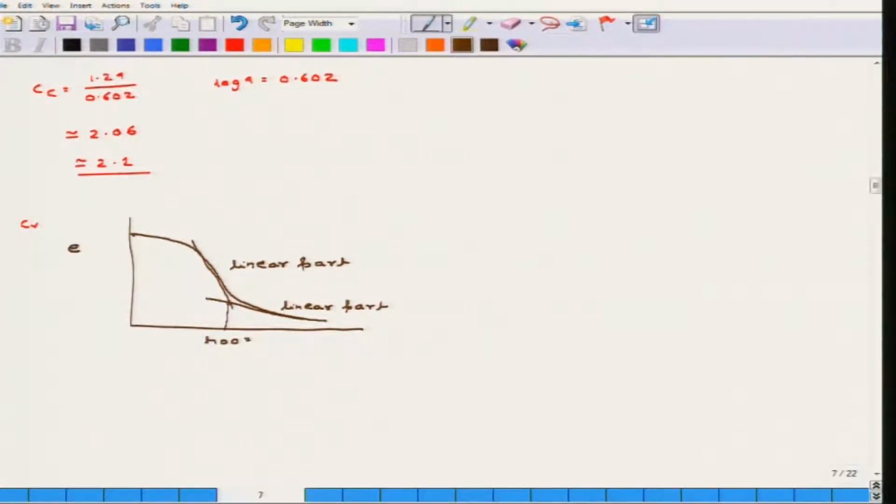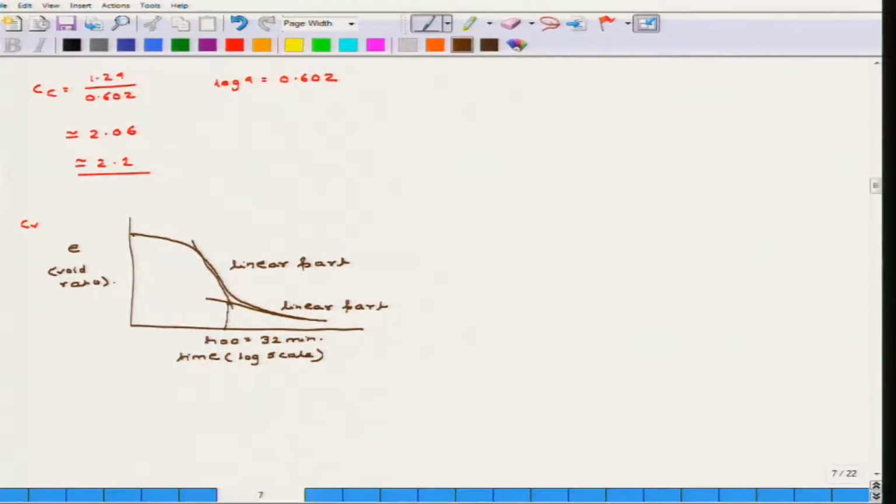You all know that this is the void ratio and this is the time, which is again in log scale. So, this T100 comes out to be 32 minutes.